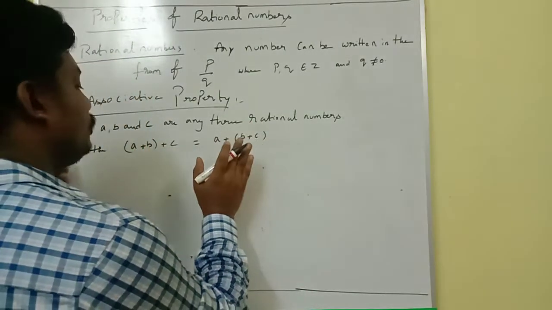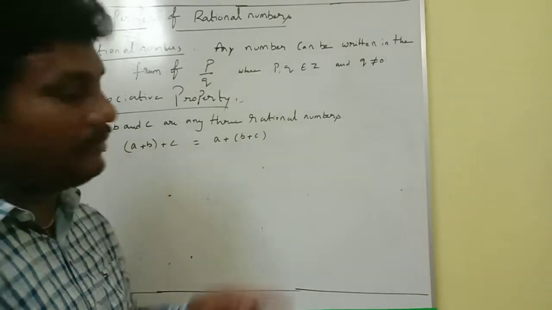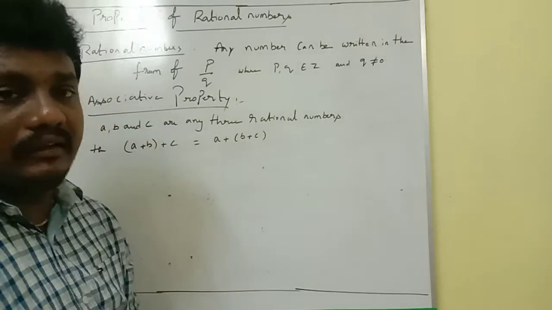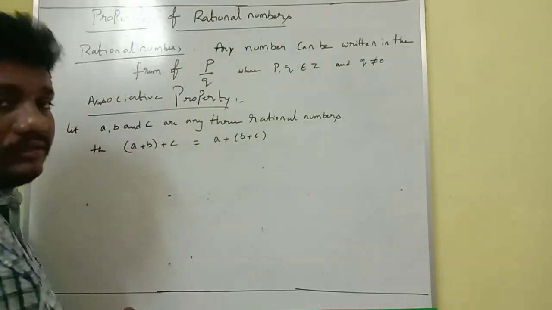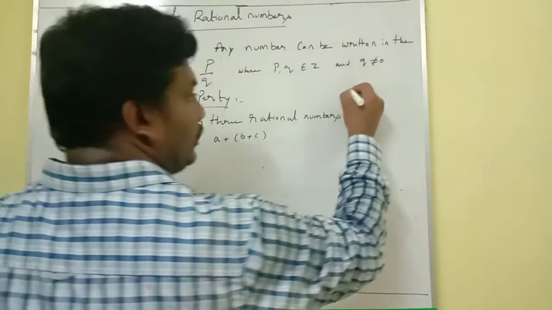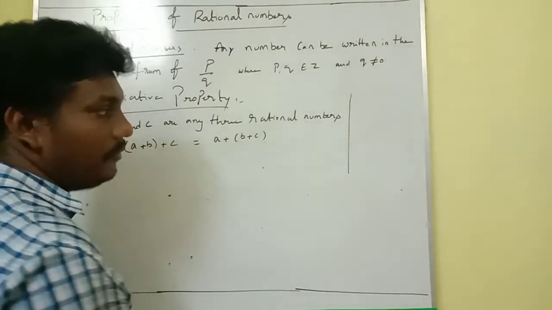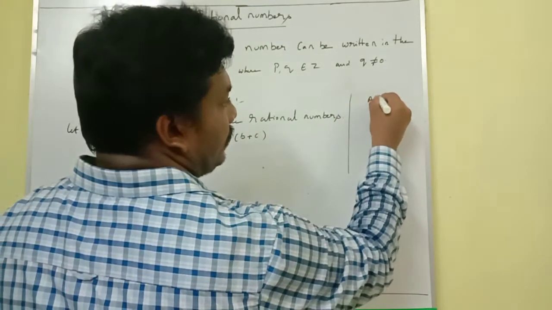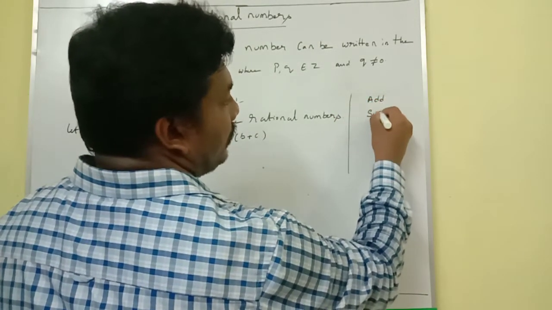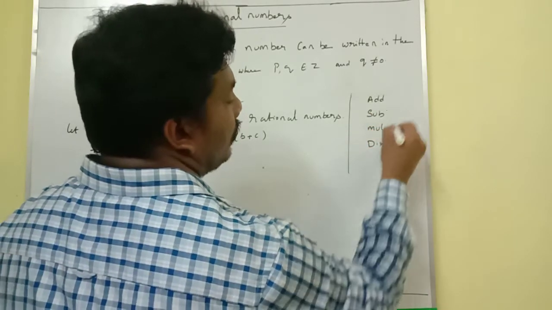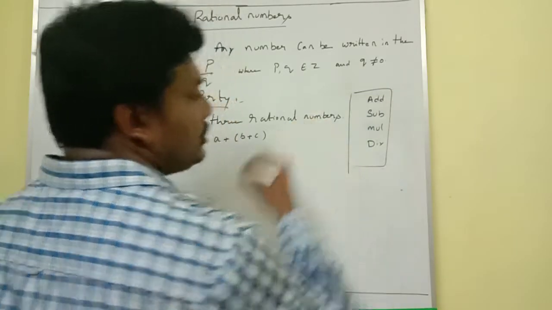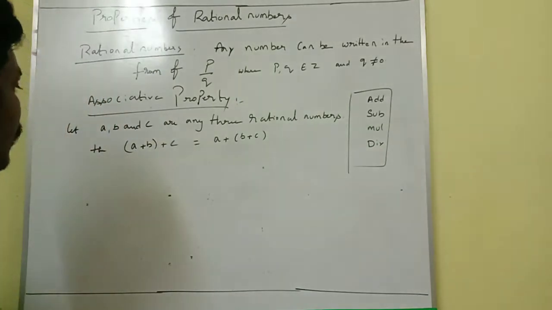The total value should be the same, it remains constant. If you get this, it is the associative property, otherwise it is not associative, not suitable. Let me check here also the 4 arithmetic operations: addition, subtraction, multiplication and division. For the 4 arithmetic operations we are going to check first.